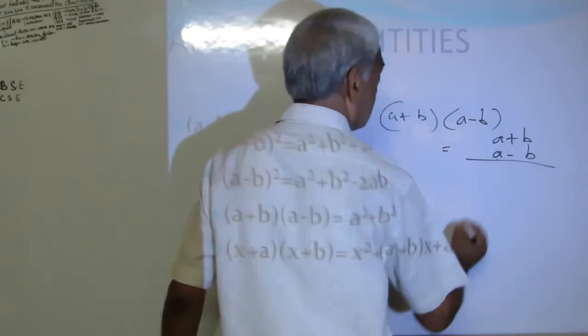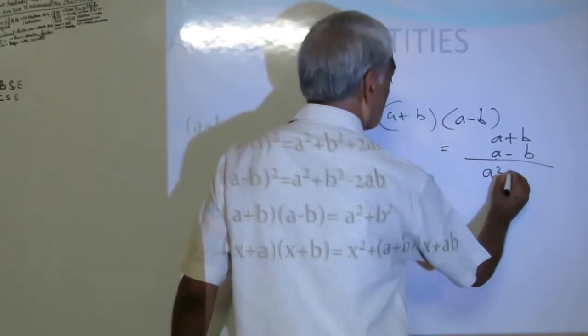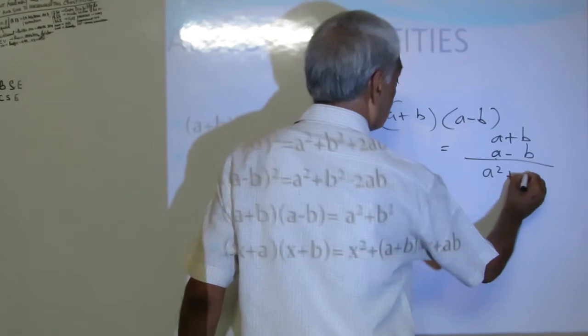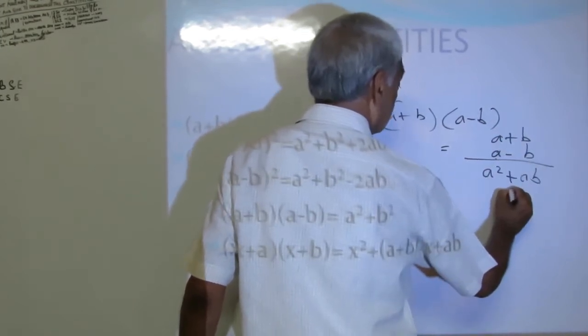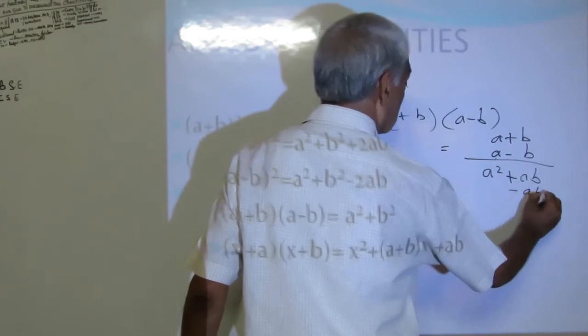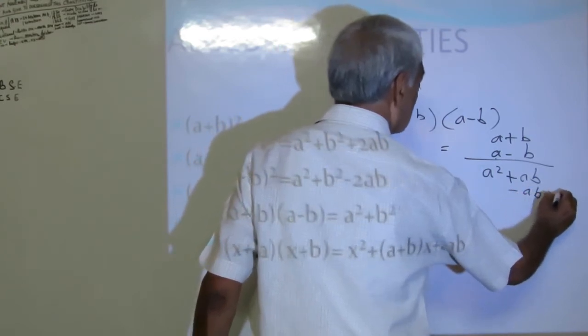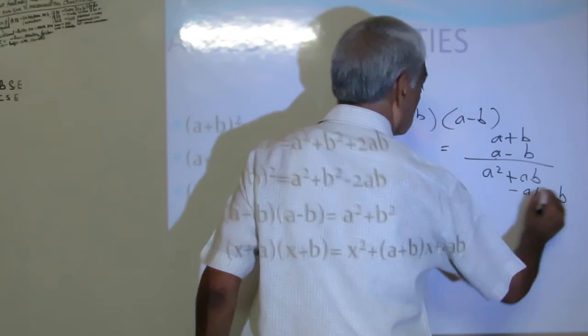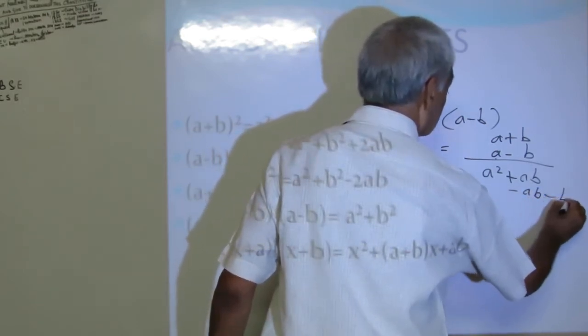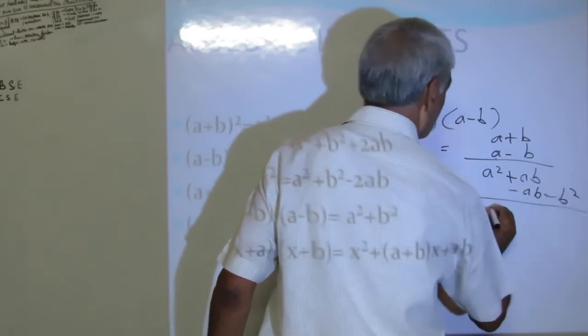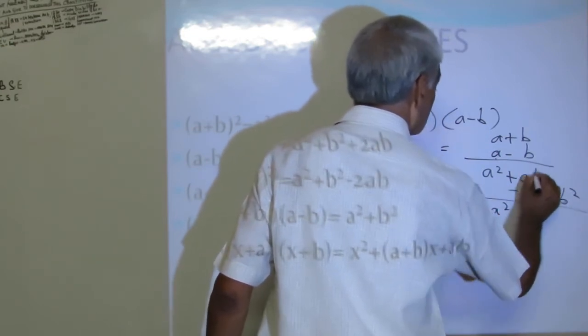A multiplied by a is a square, plus a multiplied by b is ab, minus b multiplied by a is minus ab, minus b multiplied by plus b is minus b square. So you add the like terms.